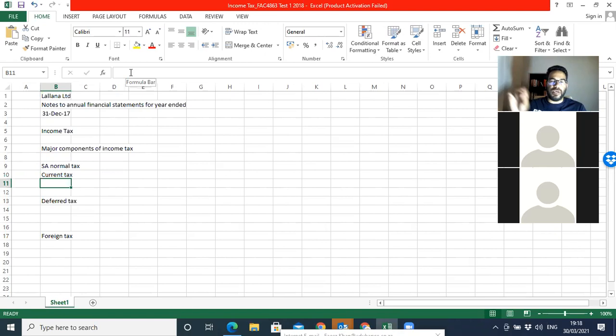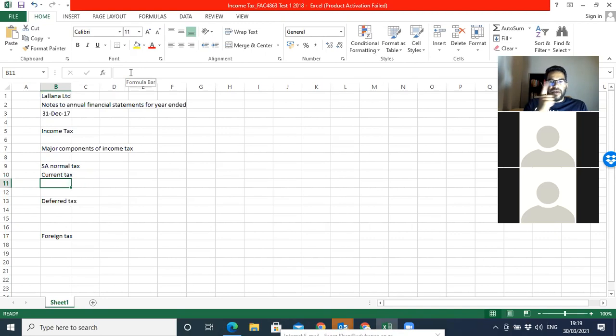You can just look at the proper wording, but it's something major components of something. So that is the disclosure we are dealing with, major components. So our major components of income tax, think of it like this. It's broken up into 2, SA normal tax and foreign tax, or local tax and foreign tax. What we call local tax is a normal tax. Okay, so that's the two.